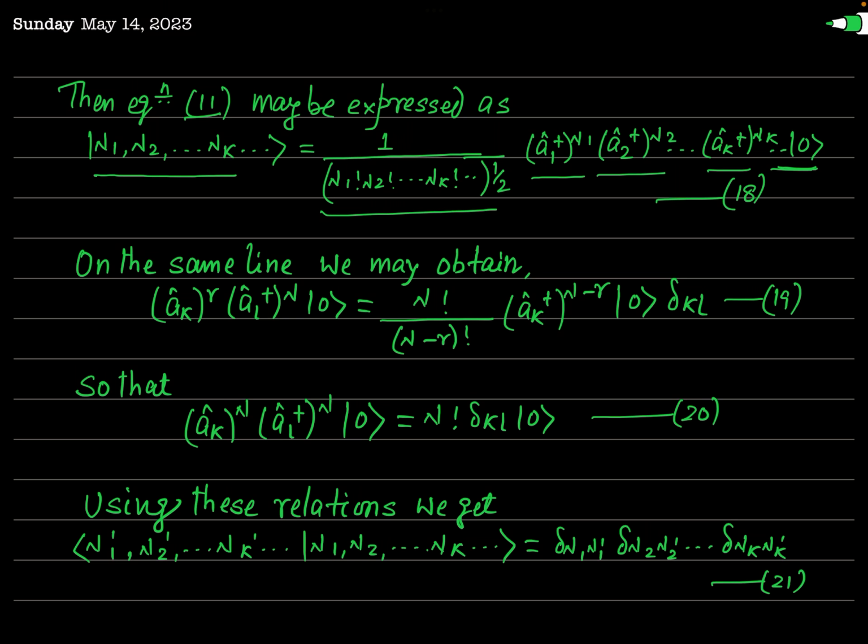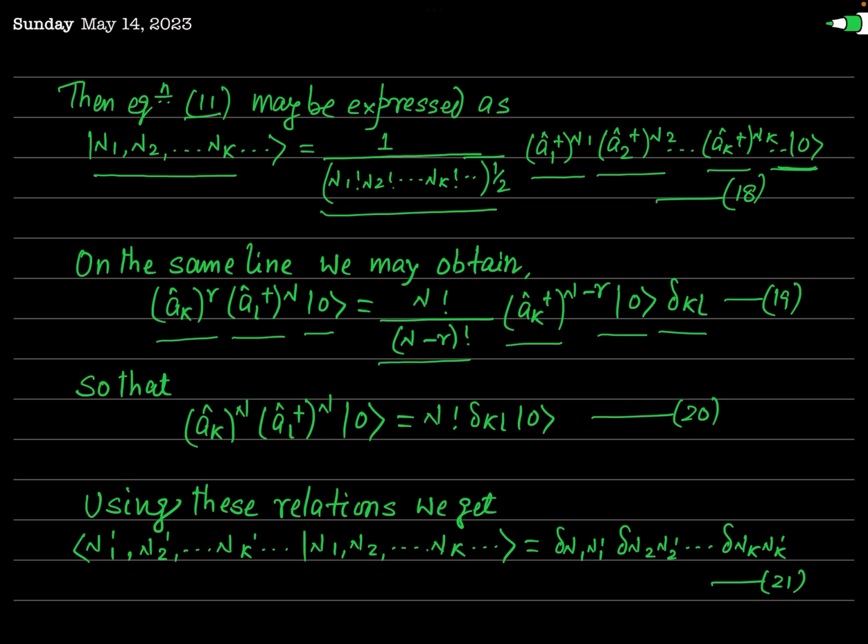Now in a similar manner, when we do some algebra, you will get that in general ak to the power r times al dagger to the power n ket 0 will be equal to n factorial divided by n minus r factorial, ak dagger to the power n minus r ket 0 delta kl.